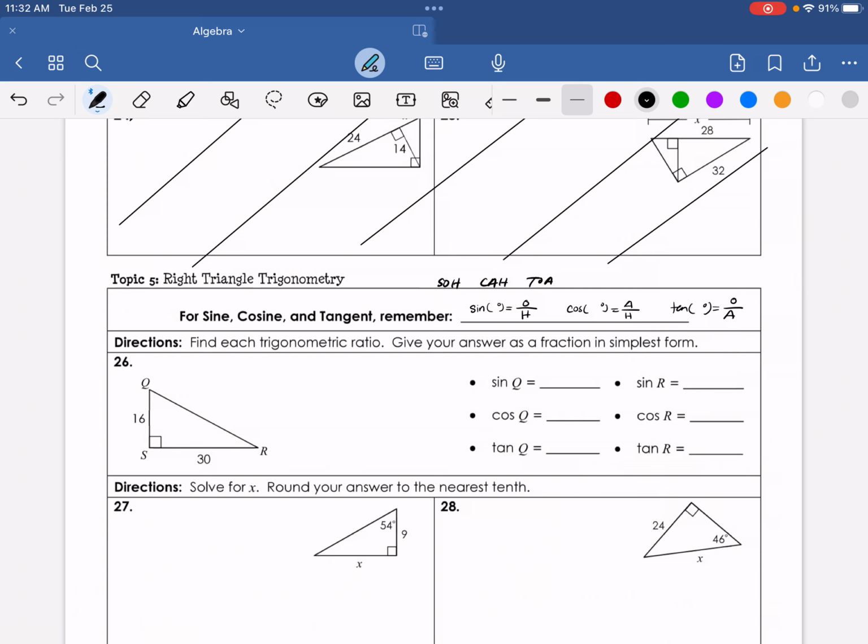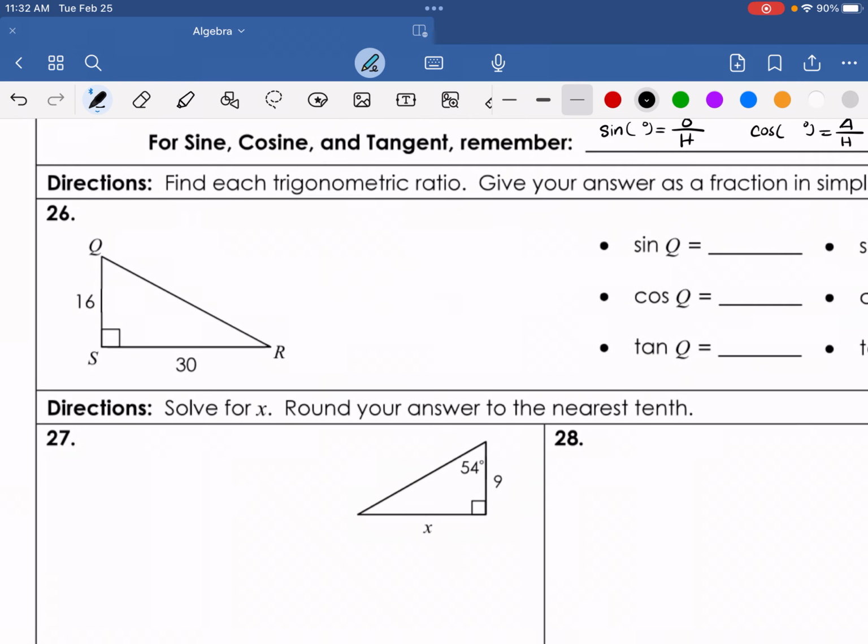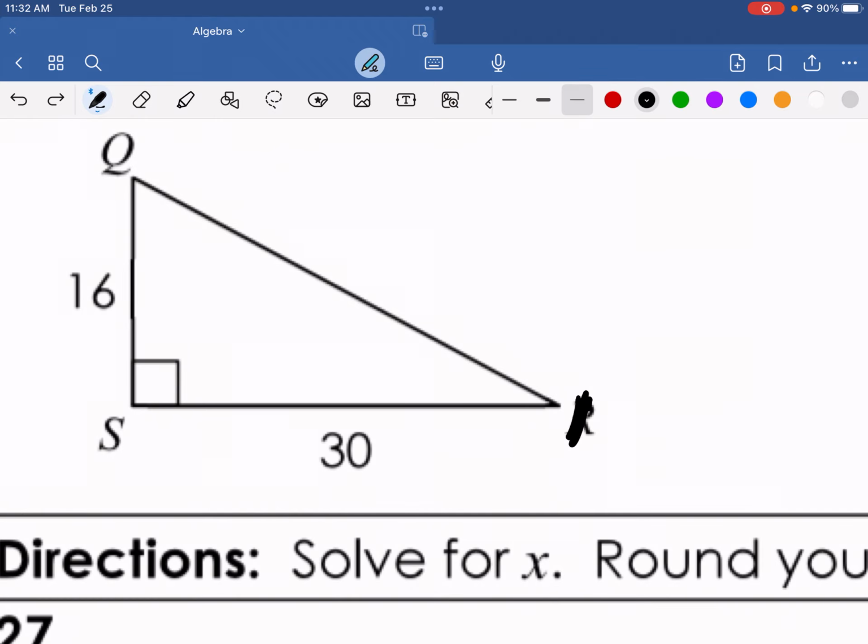Okay, so for these, right now you can already get the answer to tan, because this is tan Q. If you start at Q, I'm going to erase these things for now. If I'm at Q, in this corner, which one is the hypotenuse? The blank one. Which one is adjacent? It'd be 16, because H and A are next to each other.